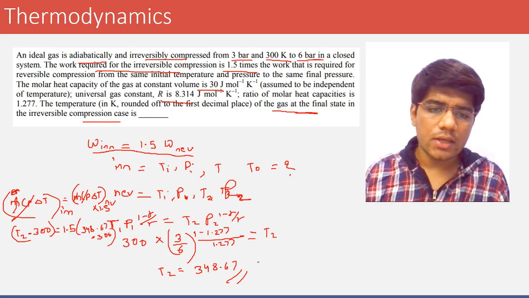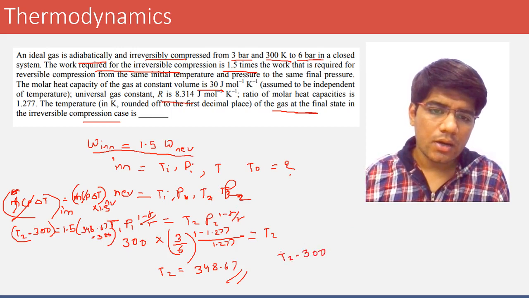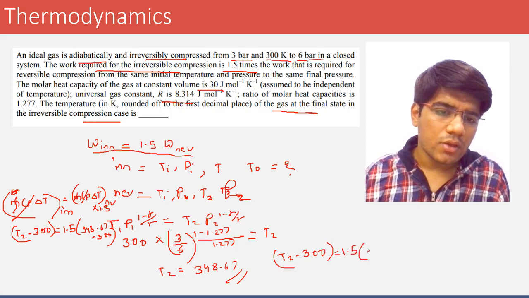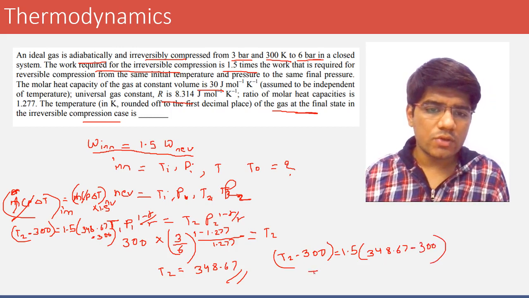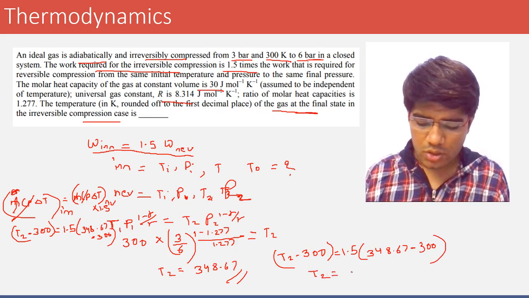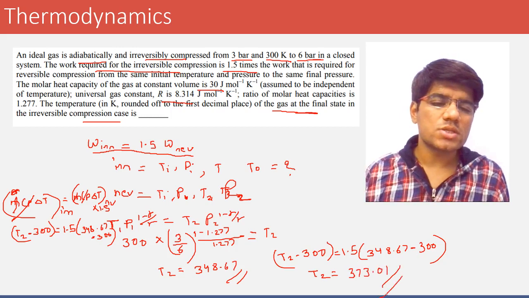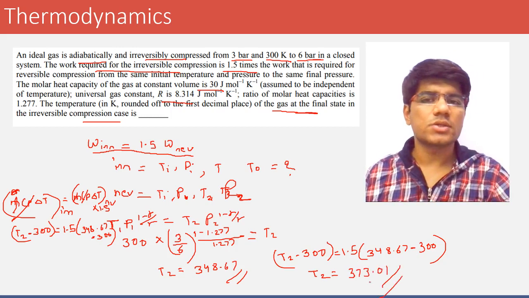I will write it again here: T2 minus 300 equals 1.5 times (348.67 minus 300). If you solve this equation, you will get T2 equal to 373.01. So this is the right answer for this question.